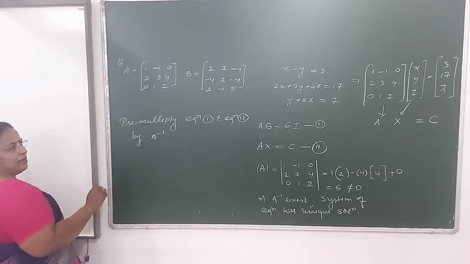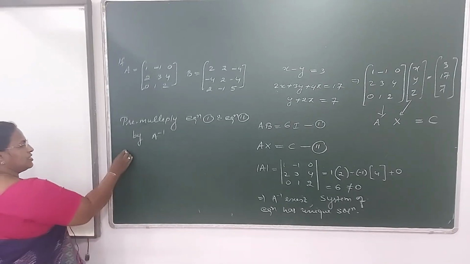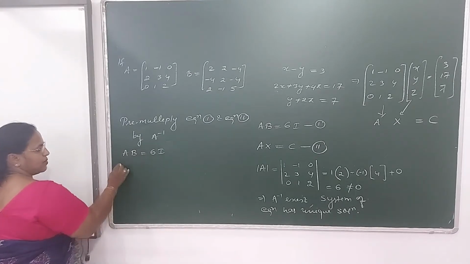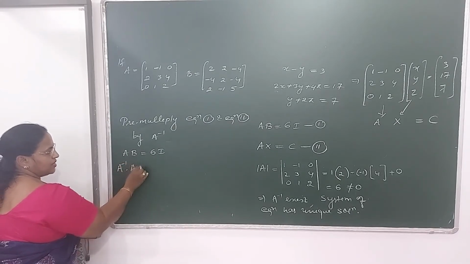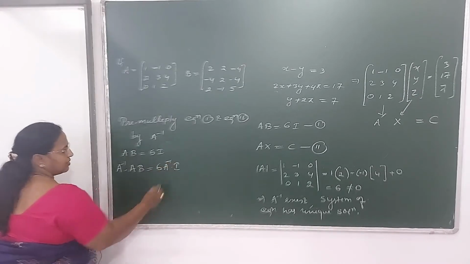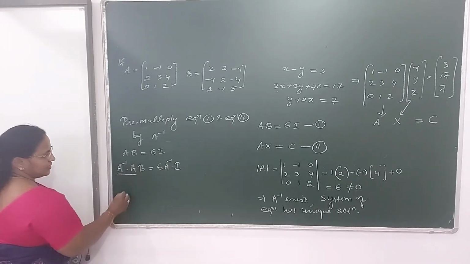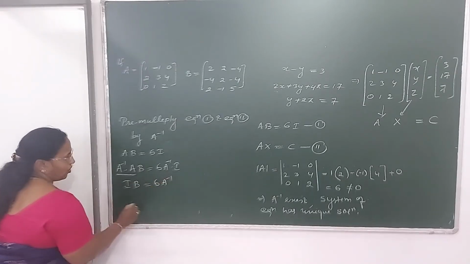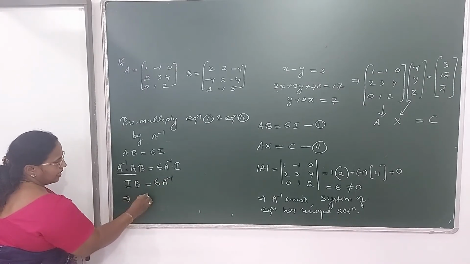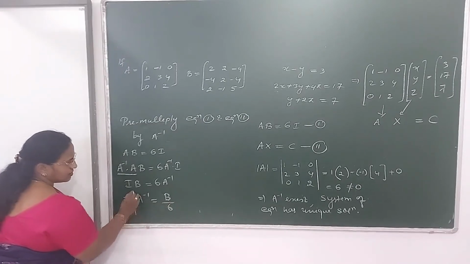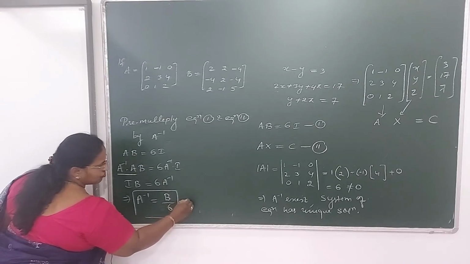If you are pre-multiplying equation 1 by A inverse, then what is the result? AB is equal to 6 times I. Let us pre-multiply: A inverse AB is equal to 6 times A inverse into I. This is identity. So IB is equal to 6 times A inverse, or you can write A inverse as B by 6, and let it be equation 3.